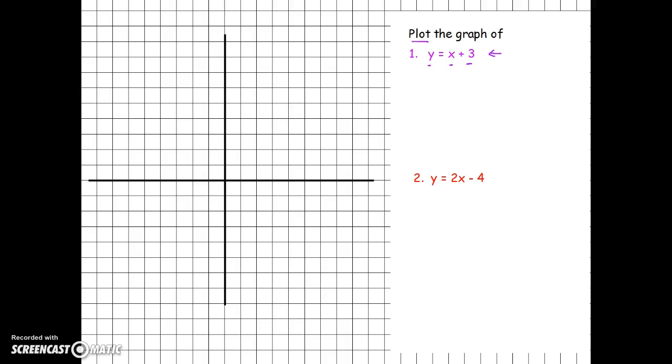So first of all, let's finish drawing up our axis. So we need to put an arrow on this end. There's our x-axis. Here is our y-axis. And remember, we have all the positive x values along here. Our negative x values here.